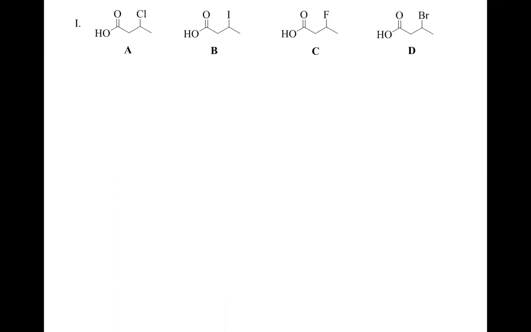You already know from your basic general chemistry that fluorine is the most electronegative element out of these four. Hence, fluorine attached to this carbon will pull the electron density towards itself, which will make this carboxylic acid the most acidic, or you could say it will make this hydrogen release easily. Hence, C is the most acidic carboxylic acid among these four because of the fluoro group.